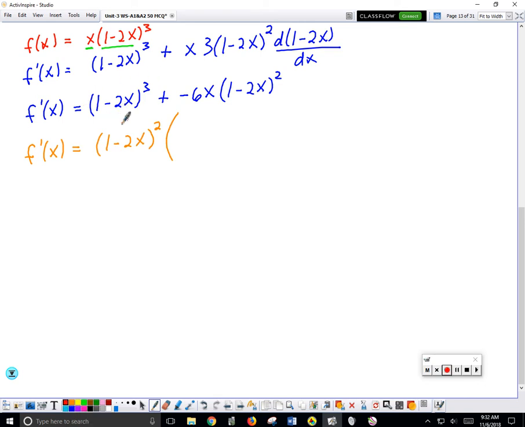This divided by this would leave 1 minus 2x. What happens to the negative 6x? Oh, sorry, I just haven't got that far yet. So then I have plus. Now I divide again. All of this divided by this would leave negative 6x.